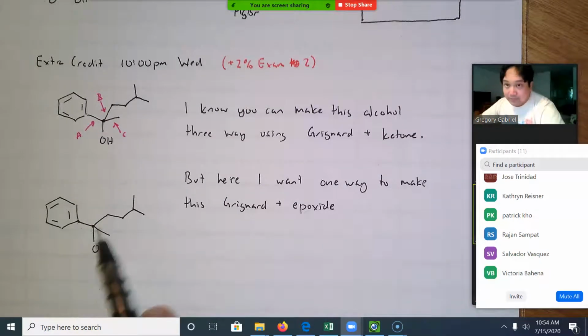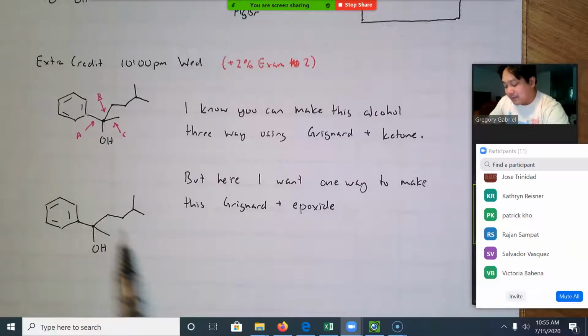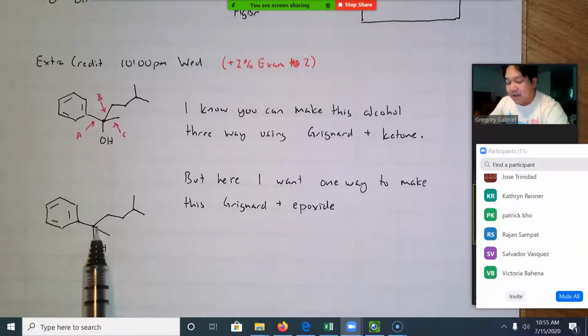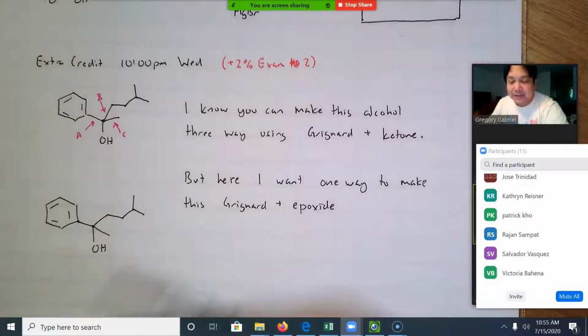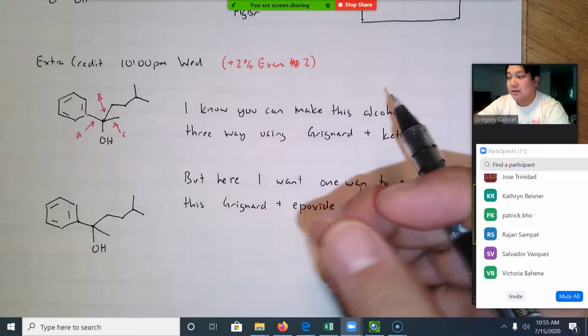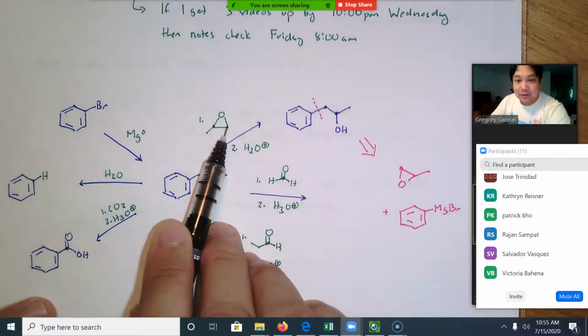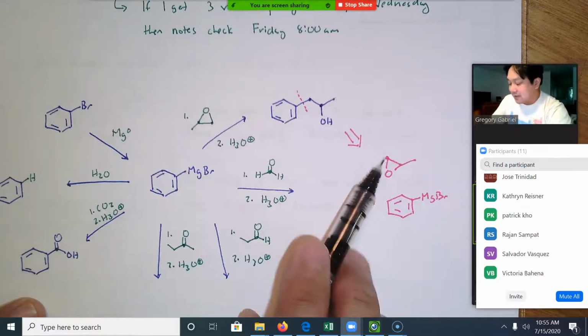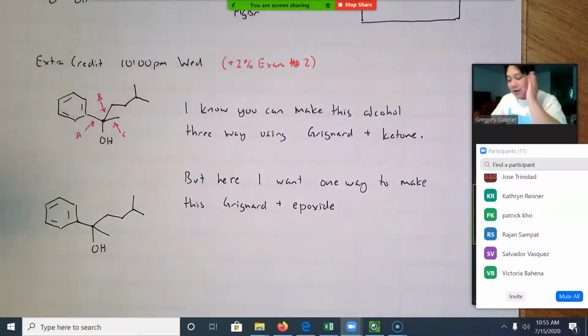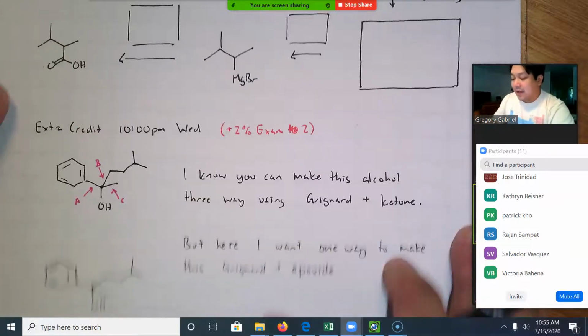Again, I'm visualizing that epoxide because the piece that's being added, the piece that's attacking that epoxide, has to attack the less substituted carbon. I know I've beaten that horse to death.